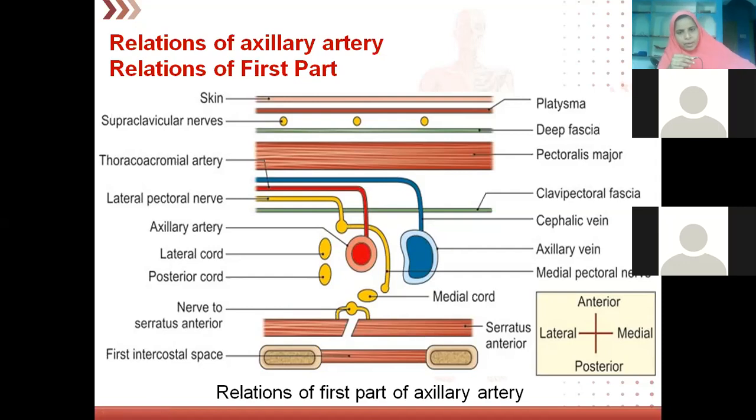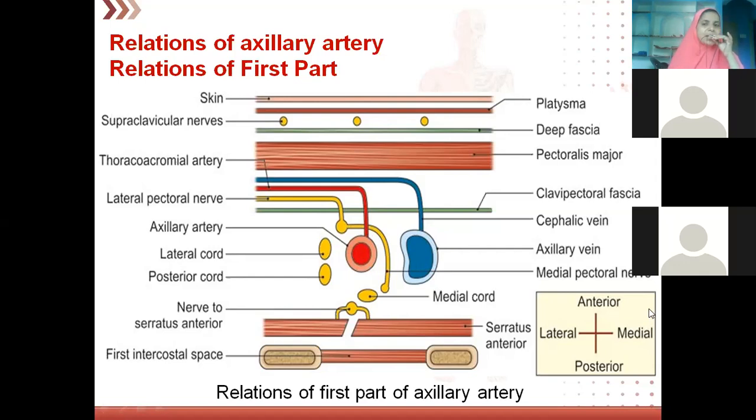Now, what structures do we find anteriorly? Our artery is here, the axillary artery. Imagine you are doing dissection in the dissection hall; it becomes easy to get that orientation, and you can analyze and remember more instead of memorizing. If you start memorizing, it becomes difficult to recollect so many things, but if you really understand, it becomes easy.